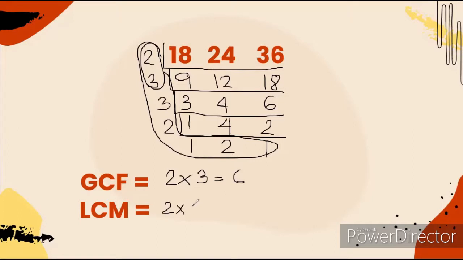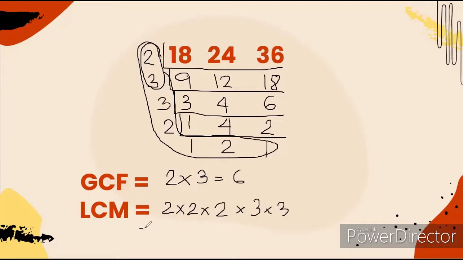So how many 2s are there? We have 3 times 2, and then times 3 times 3.